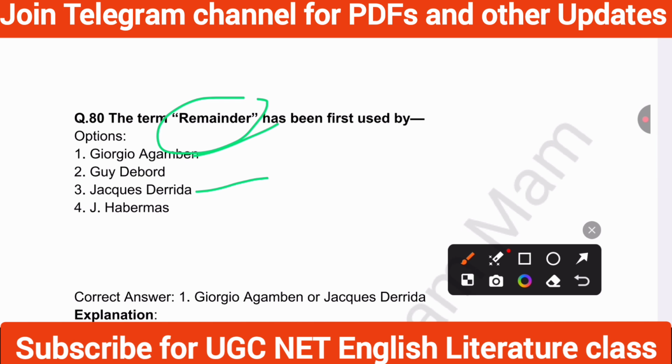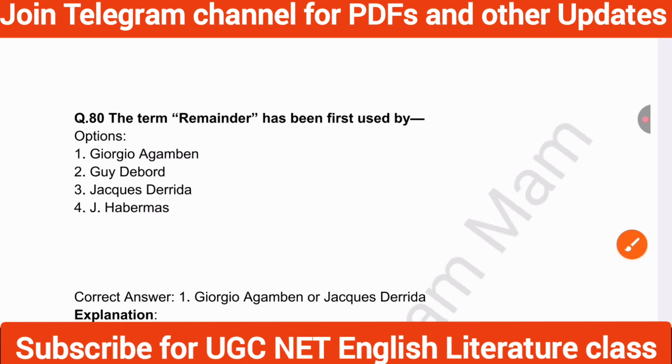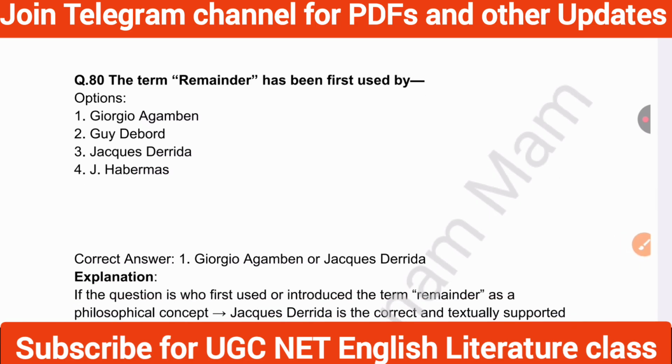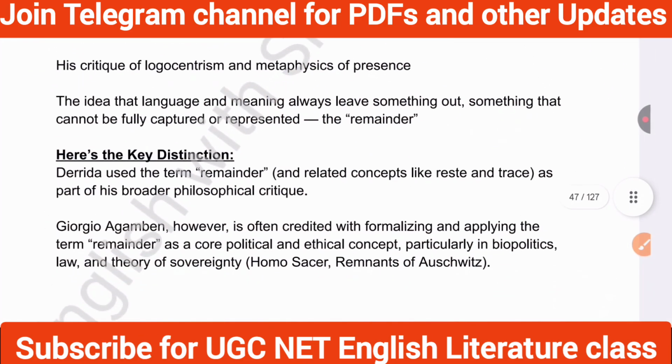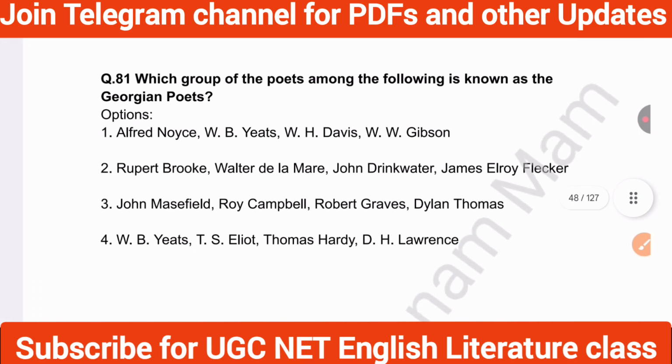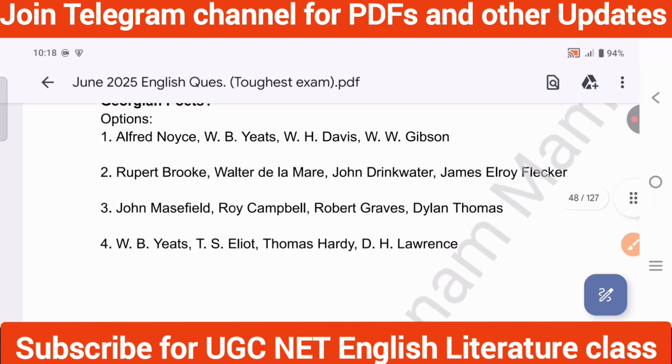NTA should ask the question clearly to the students, then only will all students be able to answer correctly. You are confused yourself, and by asking such questions you make all the students confused too. So how will they answer? Obviously, they will be confused. Now let's move to the next question, everybody. This was actually a totally tricky question.